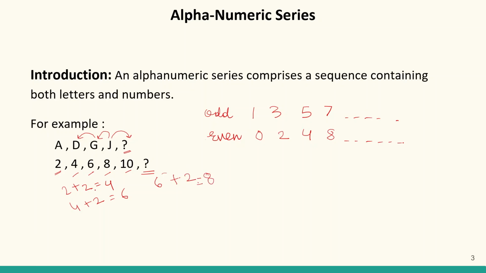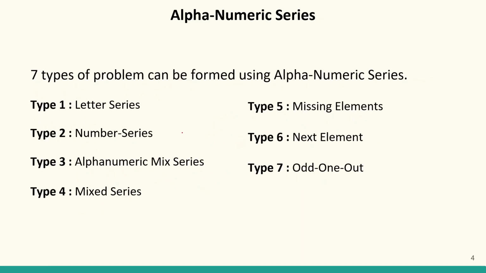So the logic being followed is that we are adding 2 to the previous number. Similarly, if we add 2 to 10, we will get 12, which will be the answer for this series. Now we have 7 types of problems that can be formed using alphanumeric series.